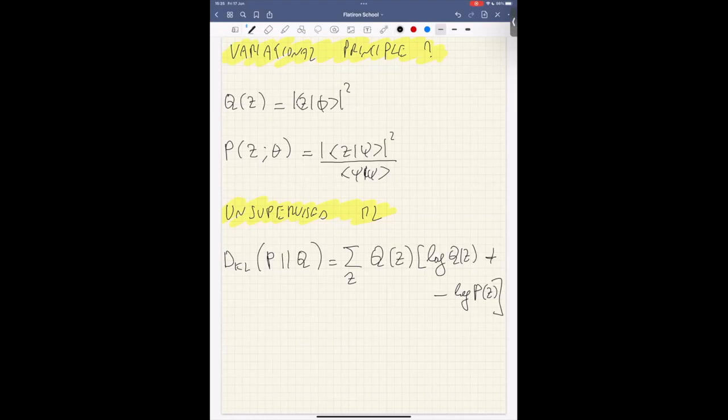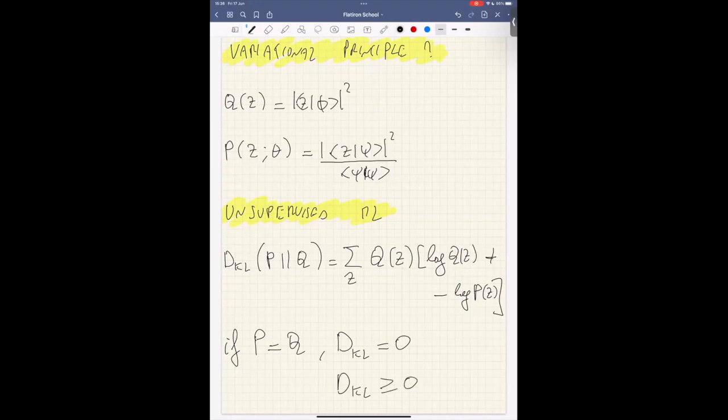And if, for example, P is equal to Q, you see immediately from this formula that these factors will cancel and this is going to be equal to 0. So if the two distributions are identical, then this DKL is equal to 0. And in general, it's not hard to show that the DKL is also greater than or equal to 0.